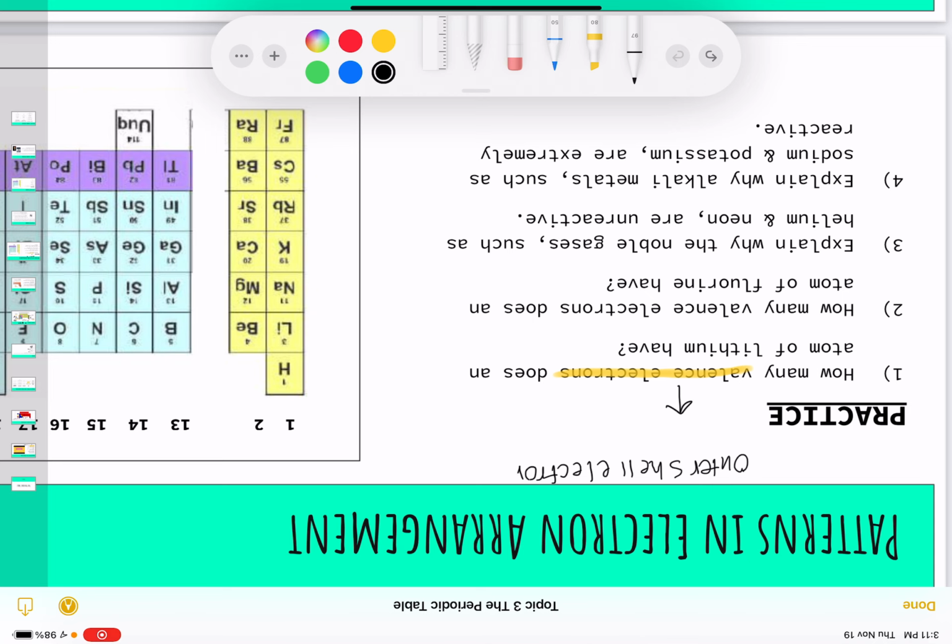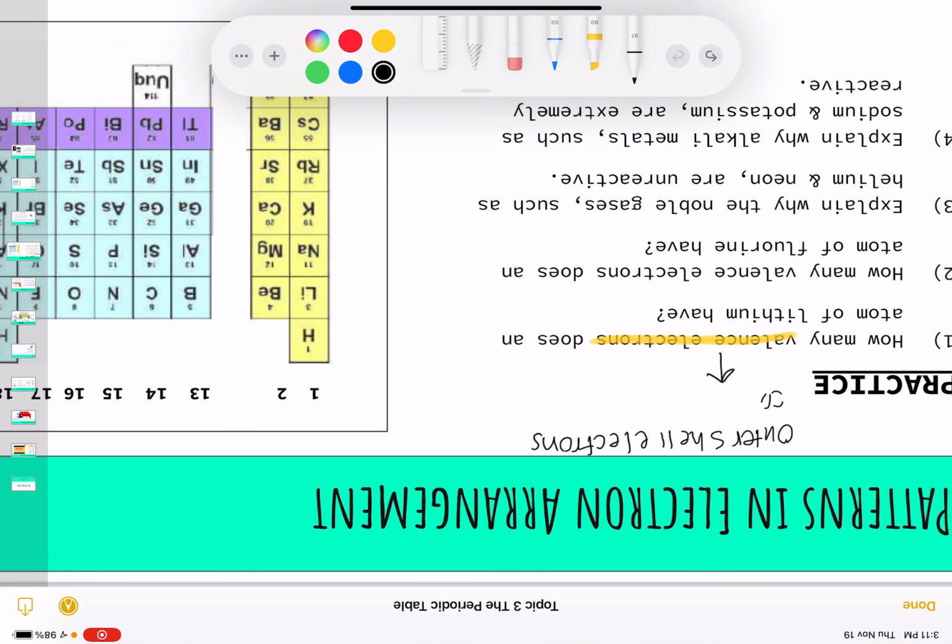And this can be figured out by counting left to right on the periodic table. Okay. So if we look at this question, how many valence electrons does an atom of lithium have? Well, it's on the very left-hand side, so we really are only counting over 1. So how many does it have? The answer is 1.